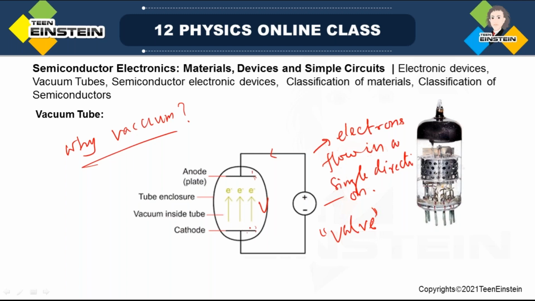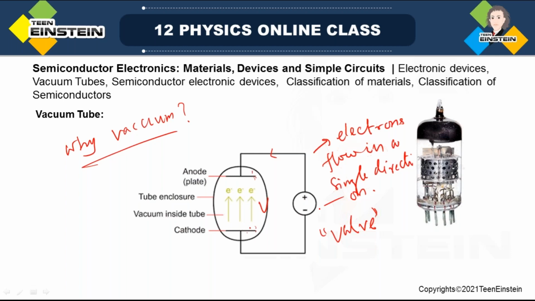As we have valves in the heart, which open in one direction only and allow blood in one direction, similarly vacuum tubes acted as valves because electrons can flow, under suitable conditions, from the cathode to the anode only.